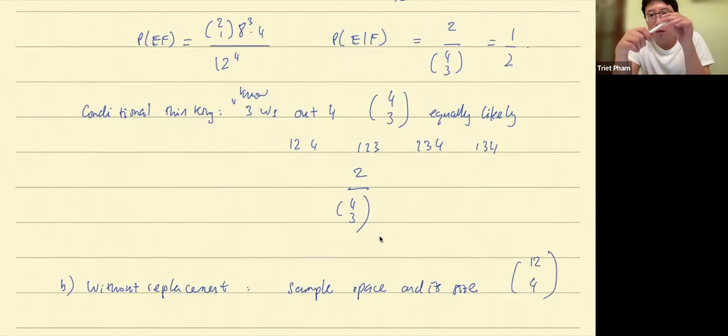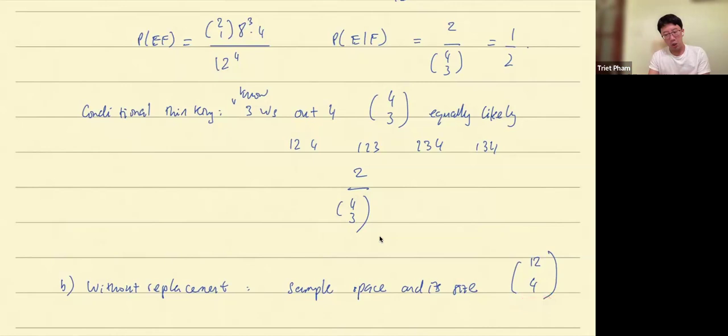So someone mentioned 12 choose 4. Would this be the sample space and the size? Well, notice this is actually what we used last time, and this is what got me confused last time.